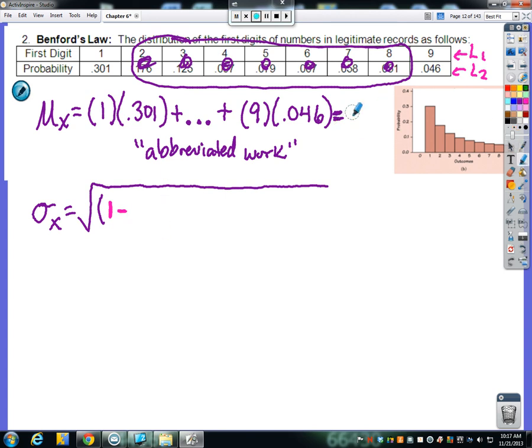I'm going to highlight this green where the mean's going to go, because I need to put that number in right there later. So I take my individual value minus the mean, and we're going to take that quantity and square it, and then multiply it by its probability, which was 0.301. Okay, so we're done with the first part. And to that, we're going to add dot, dot, dot. We're going to skip all of our stuff in between. You're showing you understand the basic format for how this works here.